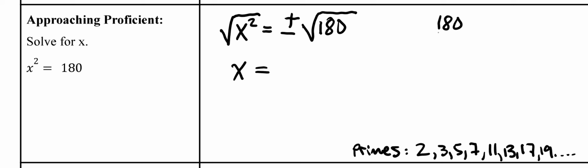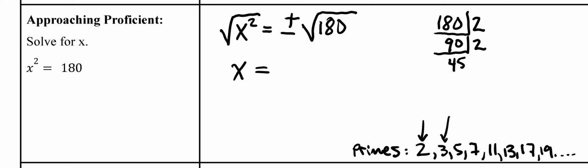So I start with the smallest one and ask if it's a factor. Since 180 is even, I know that it is. So 2 goes into 180 90 times. And then will 2 still go into 90? Yes, it goes in there 45 times. Now 45 is no longer even, so I ask myself, can I divide it by 3?